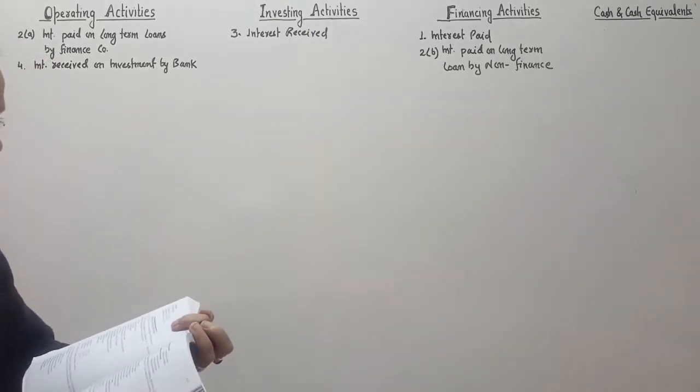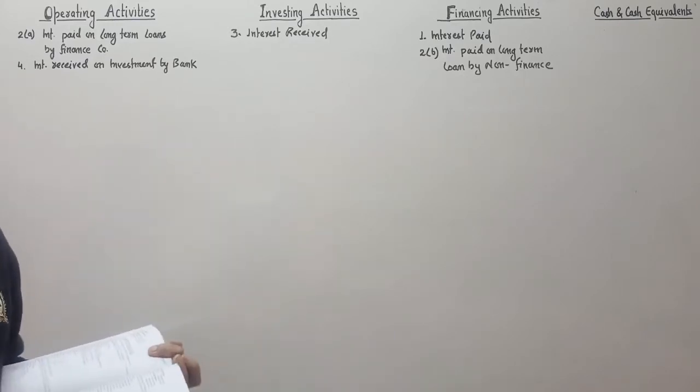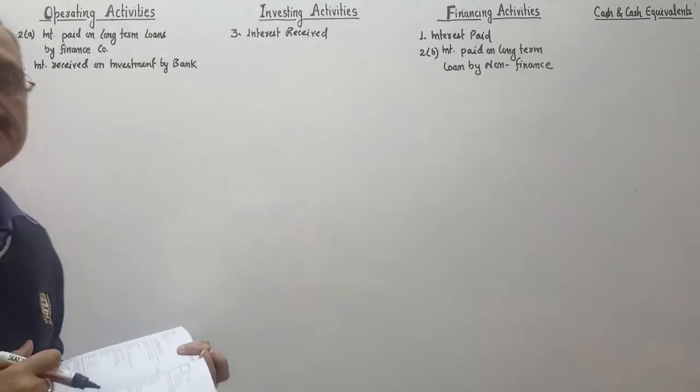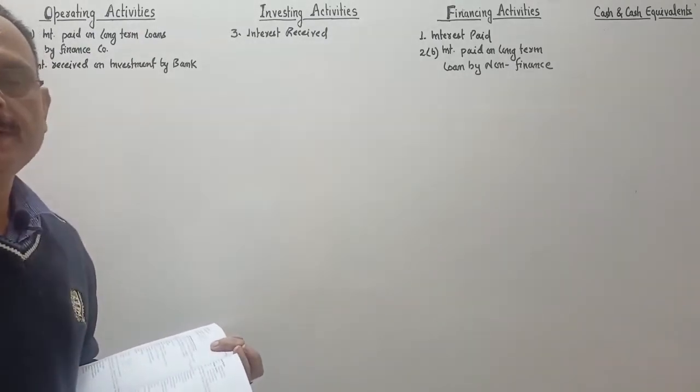Next is interest received on investment by a manufacturing company. If a manufacturing company receives the interest, then it's not their operating activity.